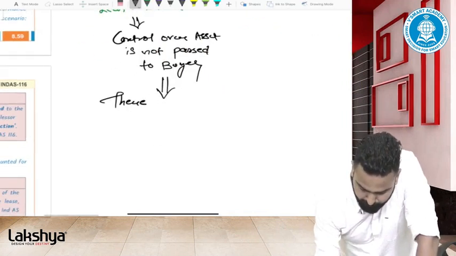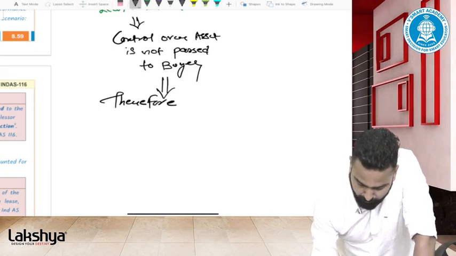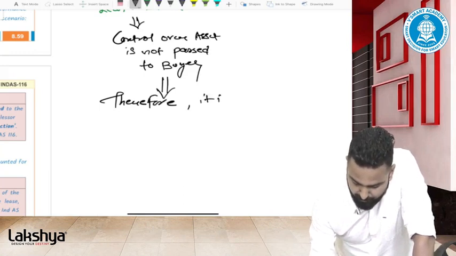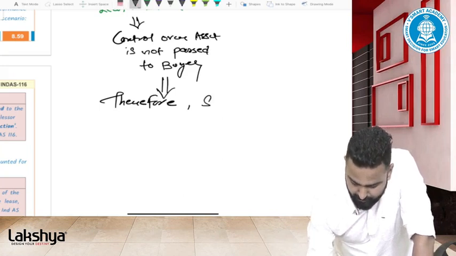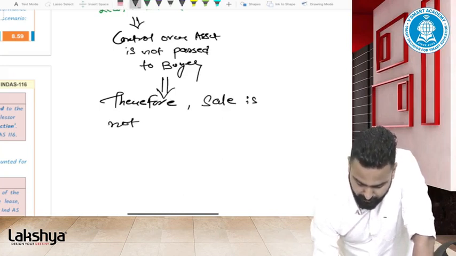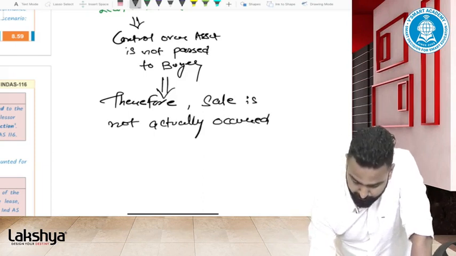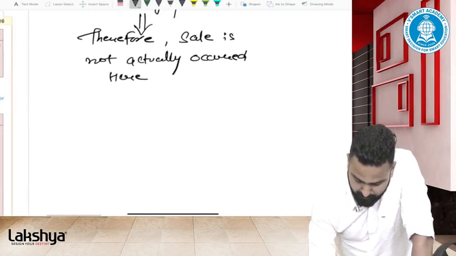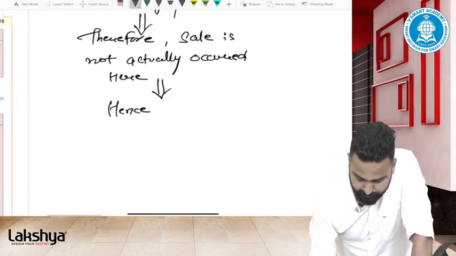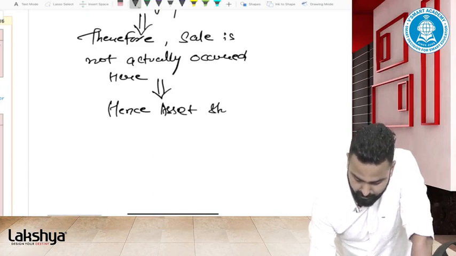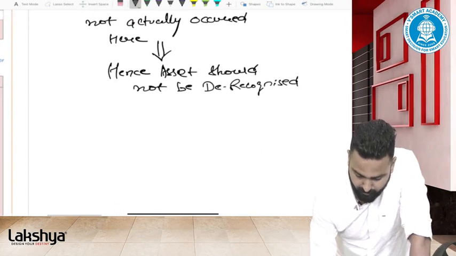So therefore, sale has not actually occurred here. Hence, the asset should not be de-recognized from the seller lessee's books.